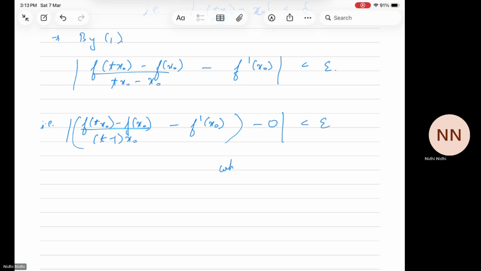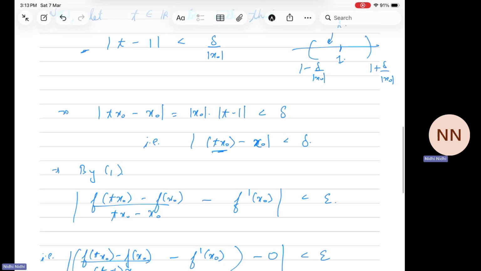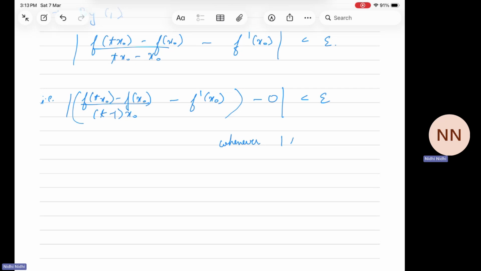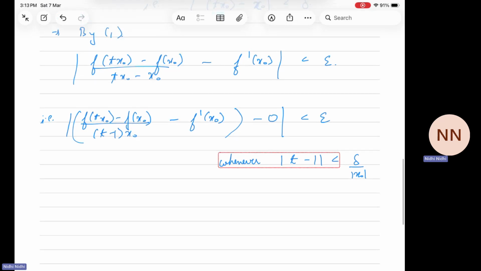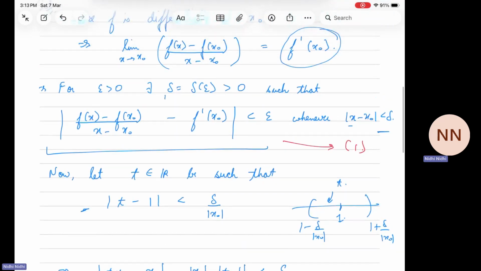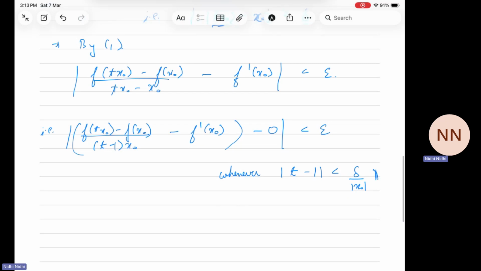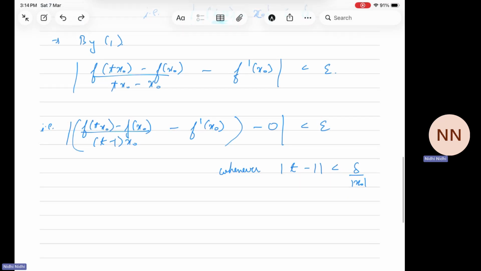whenever we started with mod t minus 1 less than delta by mod x naught. And clearly, since this delta was taken from the definition of differentiability, it depends on epsilon. So somewhere this upper bound also depends on epsilon.